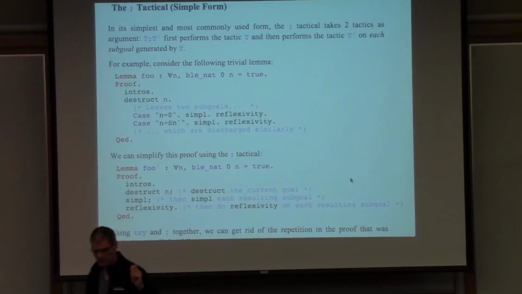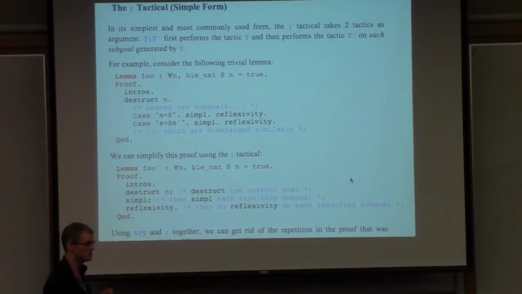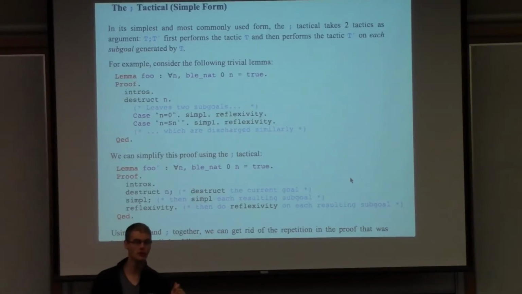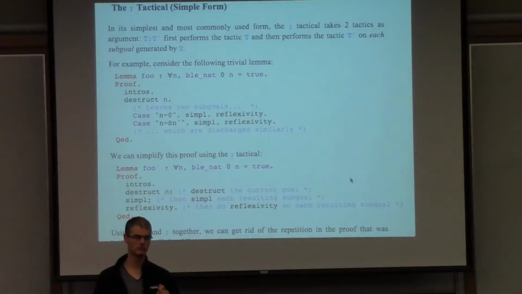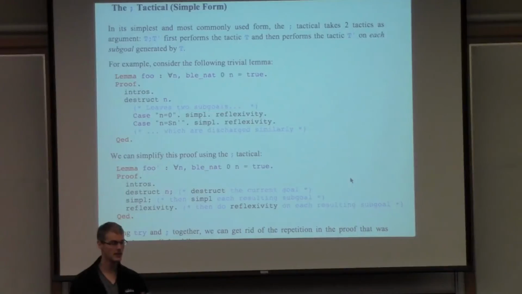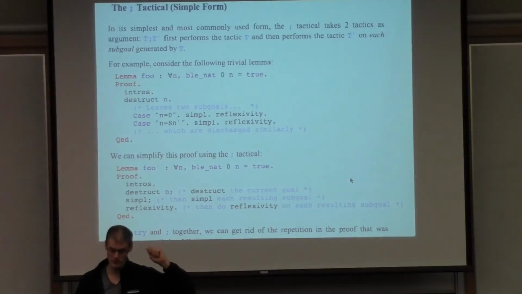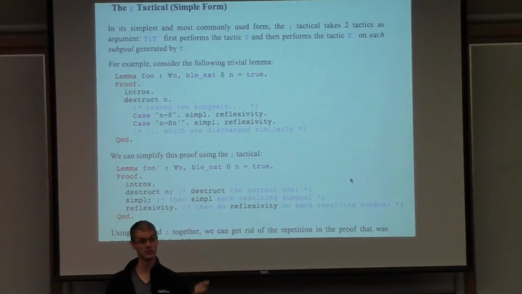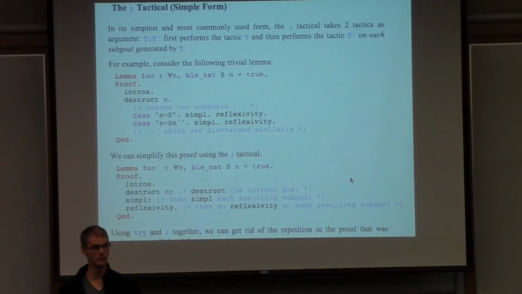So if we take T1 semicolon T2, what happens if T1 generates more than one subgoal? We apply T2 to each one of them. What happens if we have T1, T2, T3 separated by semicolons, and T1 generates several subgoals, some of which generate several sub-subgoals by T2? Well, we'll apply T3 to every one of the sub-subgoals.